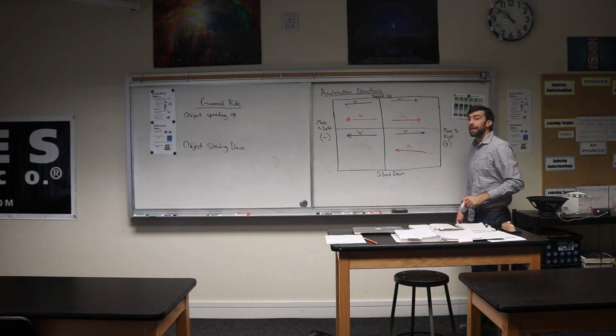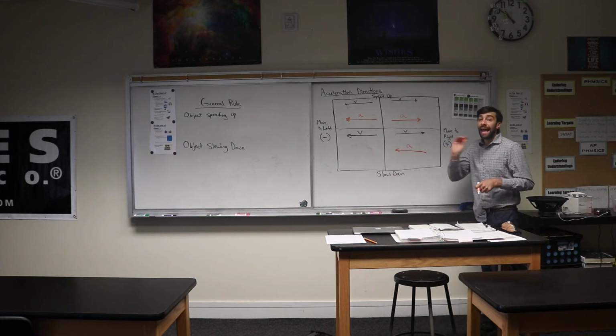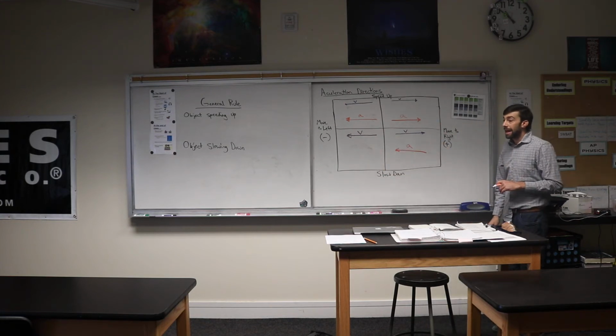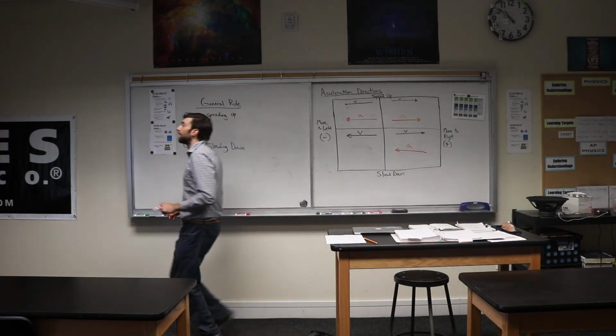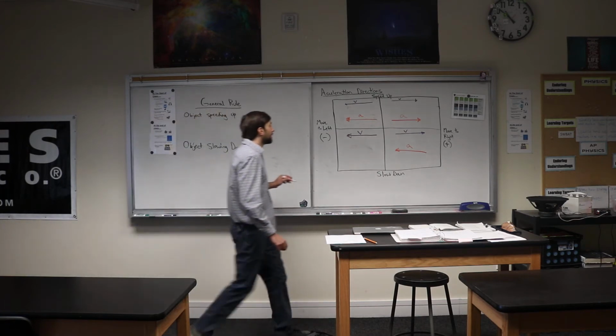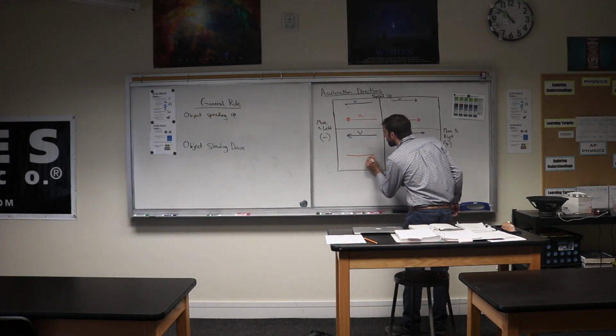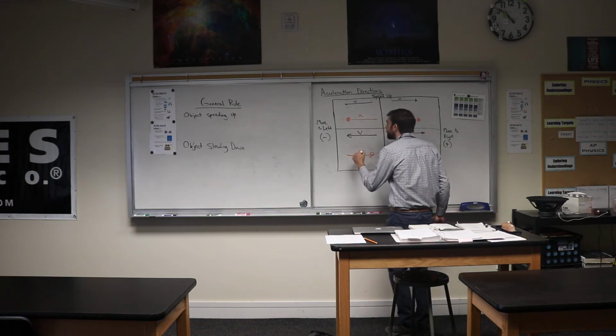Okay? Now, what happens if I'm moving to the left, or in the negative direction, and I'm slowing down? So I'm slowing down to a stop. Well, in this case, our acceleration is the opposite direction, or in the positive direction.